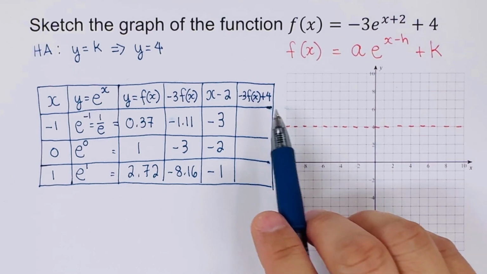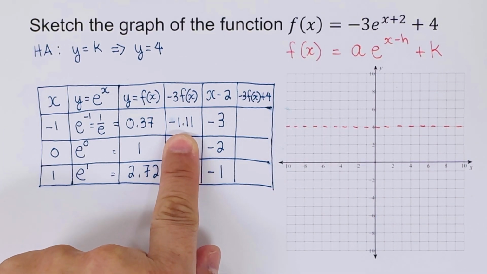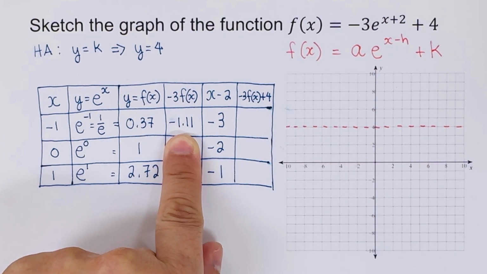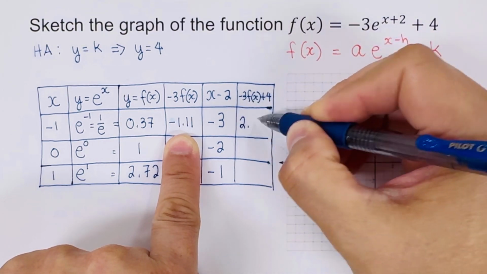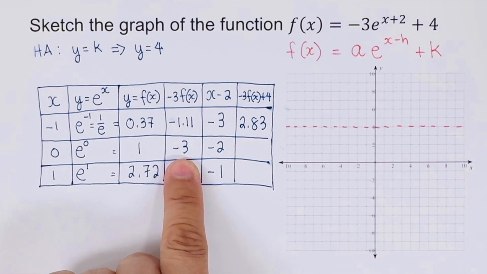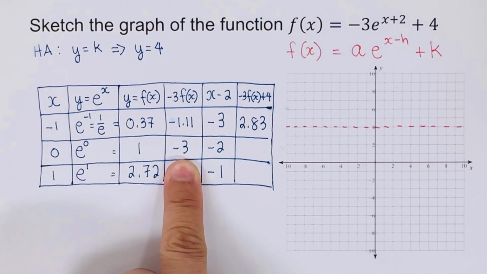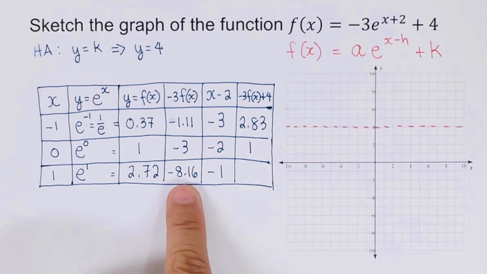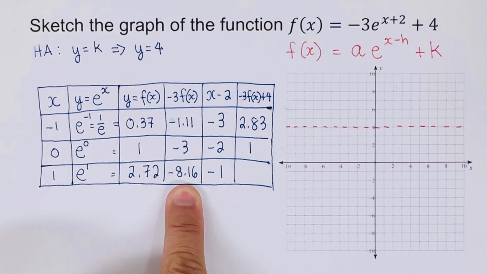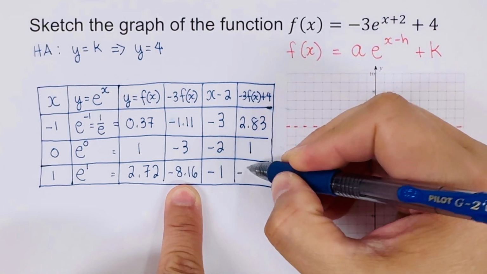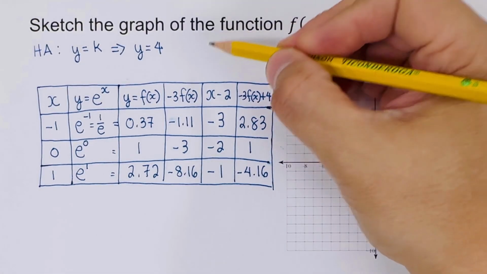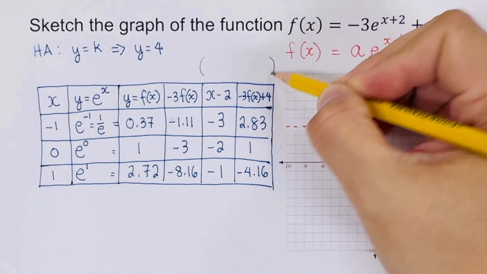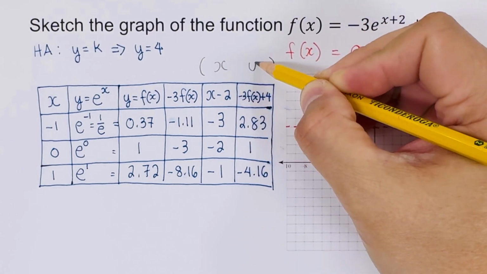So we go ahead and add 4 to each of these. -1.11 plus 4 is 2.89. And then we have -3 plus 4 is +1. And -8.16 plus 4 is -4.16.